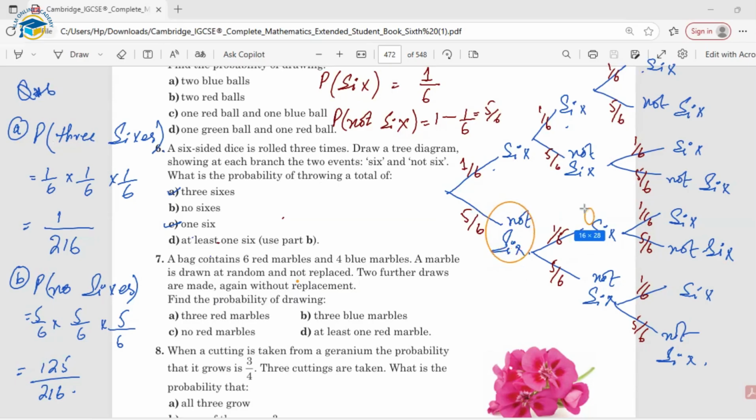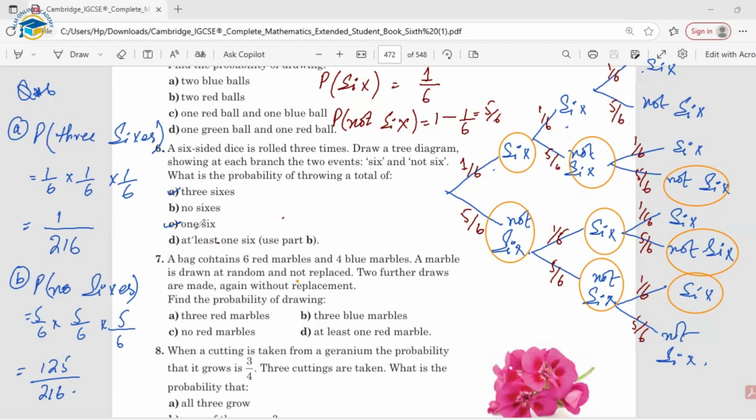Not 6, 6, not 6. Not 6, not 6, 6. Rest all have at least 2 sixes. So just 3 possibilities we are having.